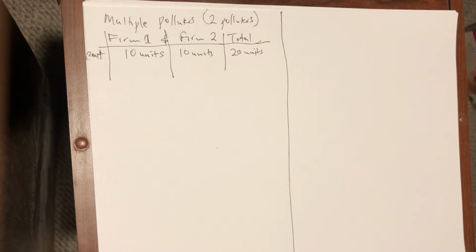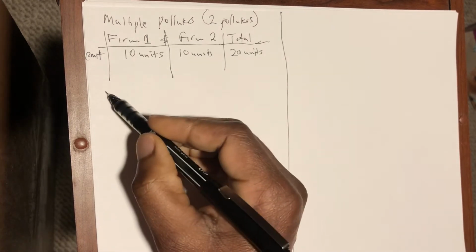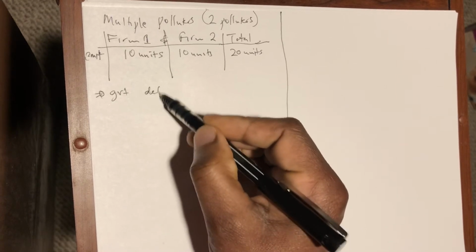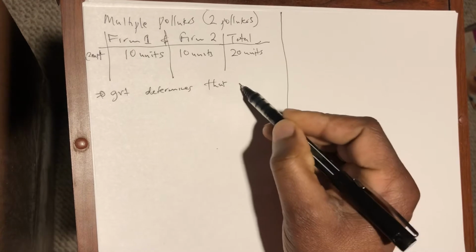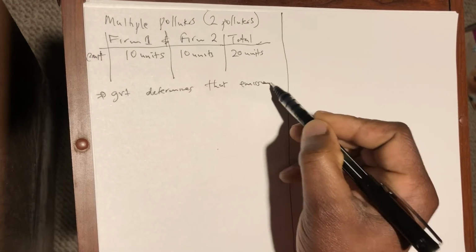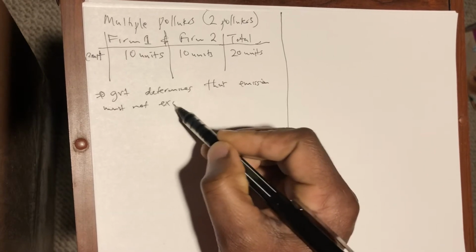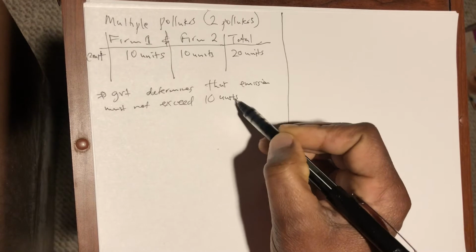And the government determines that emission must not exceed 10 units, right?